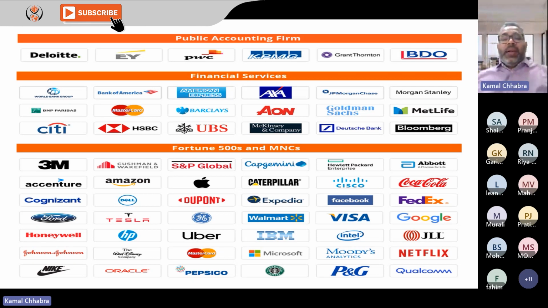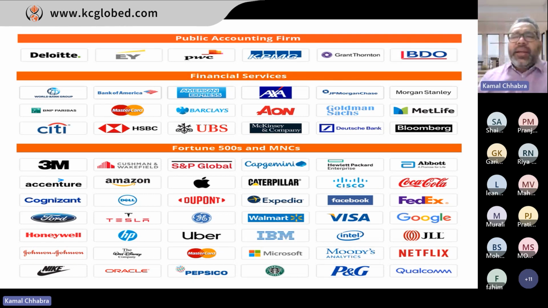Companies like PwC, EY, KPMG, Deloitte, Grant Thornton, BDO are in humongous need of enrolled agents. In addition, for the last 5 to 7 years, a lot of other mid-sized firms have also set up their offshore centers in India, and many Indian companies are also developing offshore centers for US CPA firms.